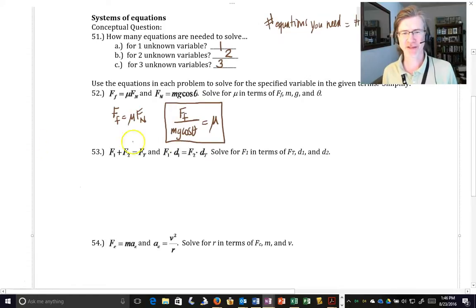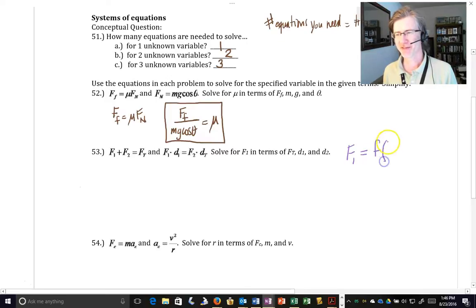You have the equations F1 plus F2 equals Ft, and F1 D1 equals F2 times D2. Solve for F1. In the end, I want an equation that has F1 on one side and some function that only has Ft, D1, and D2.